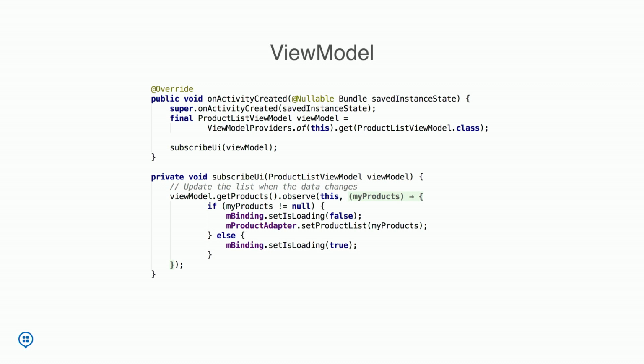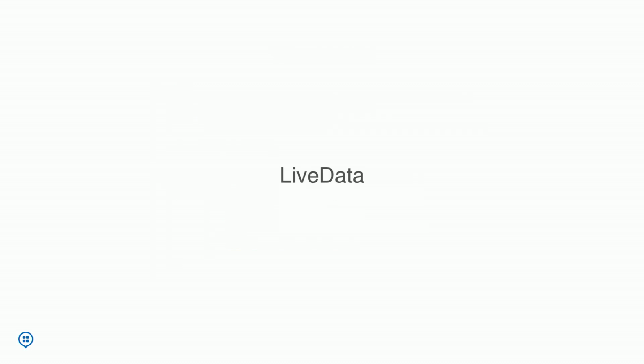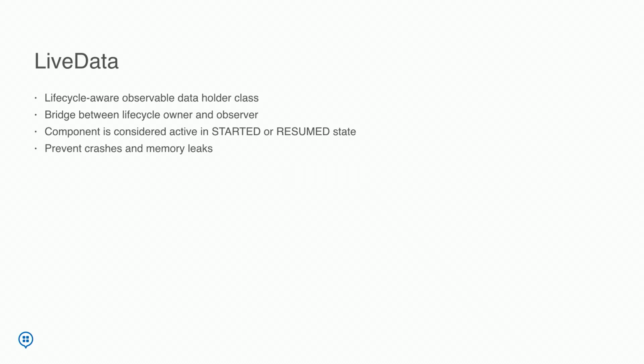And then this allows us to subscribe the UI to changes in the view model so that we can then update our interface accordingly. But you might be wondering, okay, so how exactly is this happening when I set up this observable on my view model get products? What is facilitating this? Well, that's where live data comes in. Live data is this wrapper for our data that allows us to observe changes to it.